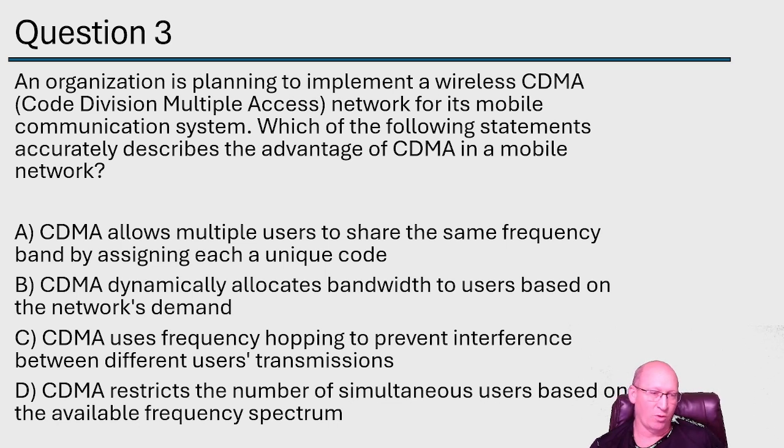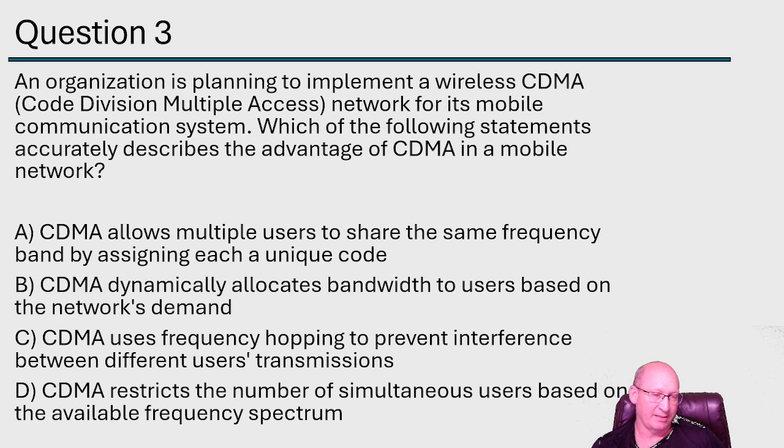That leaves A or B. B dynamically allocates bandwidth to users based on the network's demand. Ooh, that's a good one. But what about A? CDMA allows multiple access to share the same frequency band by assigning each a unique code. Well, if you know CDMA, you know that A is the correct answer. B, dynamically allocating bandwidth to users based on network demand, has nothing to do with CDMA.